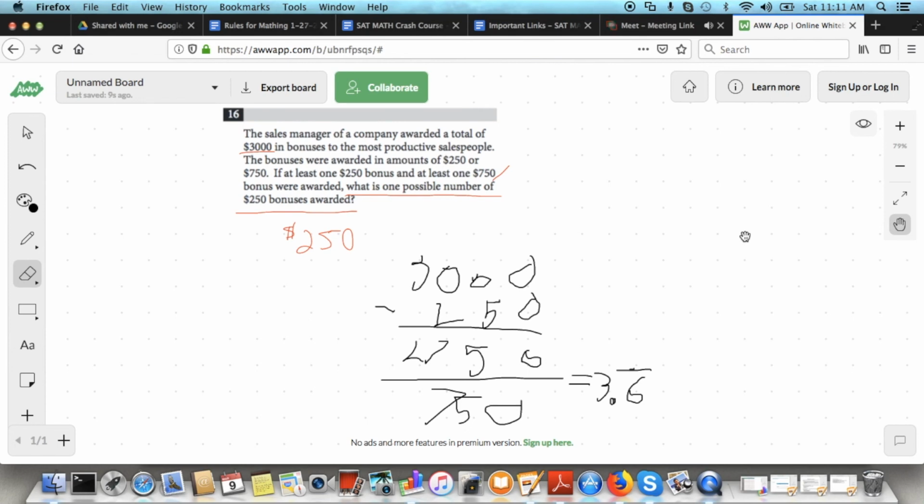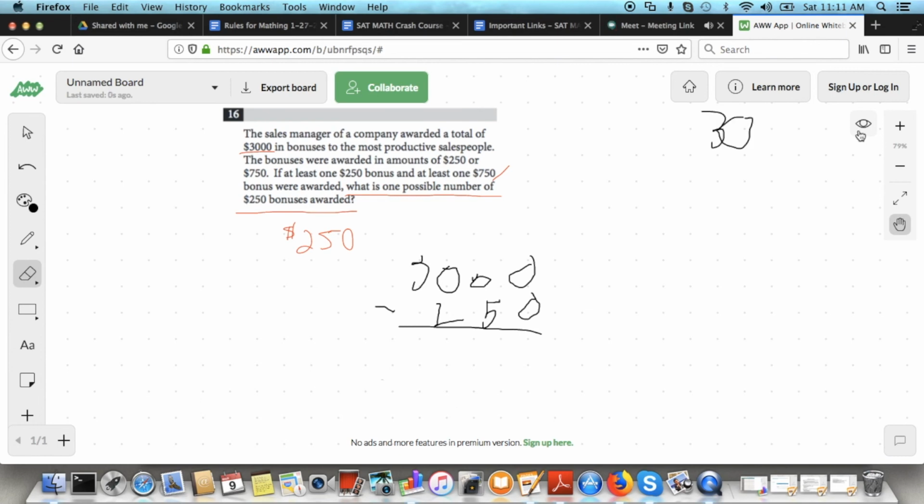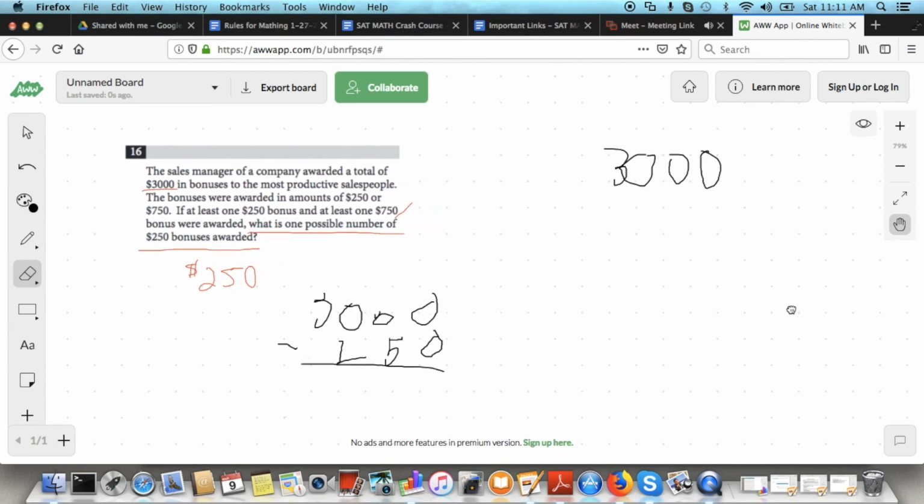All right. Let's try another number of $250 bonuses. So then, if we do 2, let's try 2. I love it. Hang on, let me just finish erasing this. Don't worry about it, there's plenty of room on the whiteboard. So we have 3,000 minus 250 times 2, which is 500.